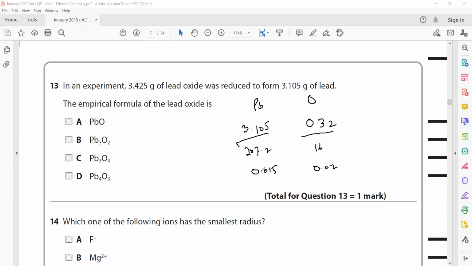We divide by the smallest value, so 0.015. This will be 1, and 0.02 divided by 0.015 is equal to 1.33. Whenever 1.33 is there, we multiply all of them by 3, so this will be 3 and this will be 4, so C will be the right answer.